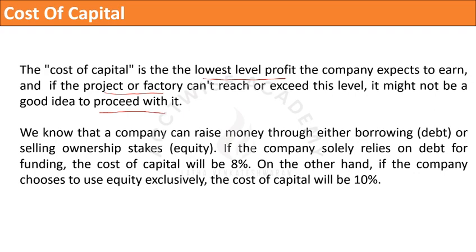We know that a company can mobilize funds from equity or from debt. If the company has mobilized funds only from debt, then the cost of capital will be 8%. We saw in the previous slides that cost of debt was 8%.